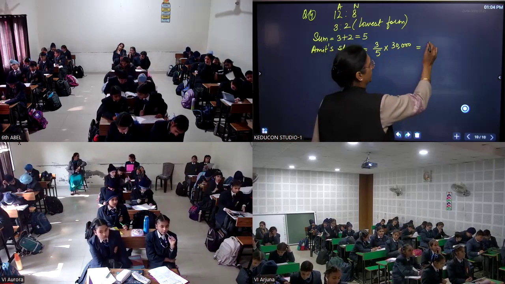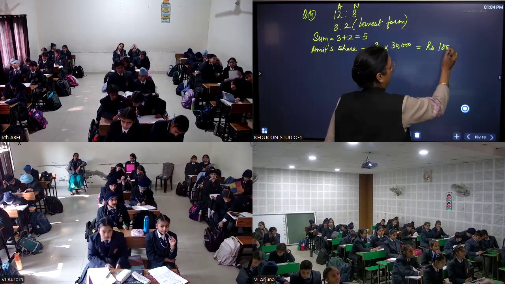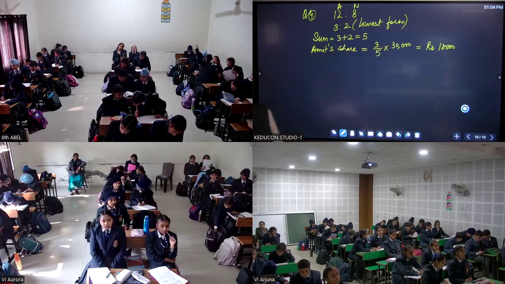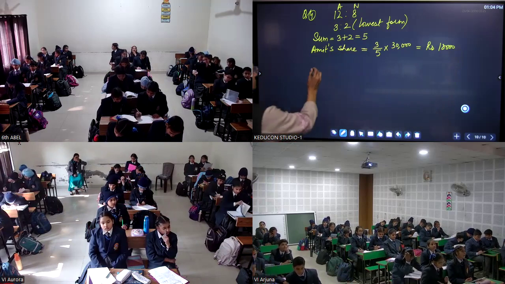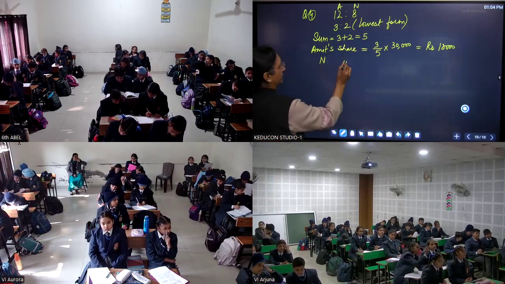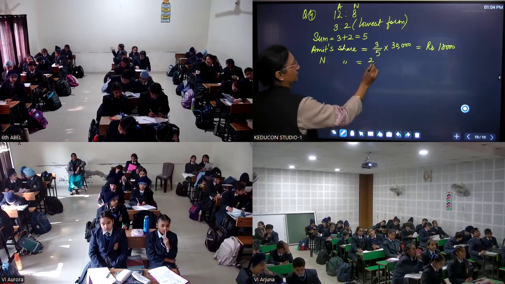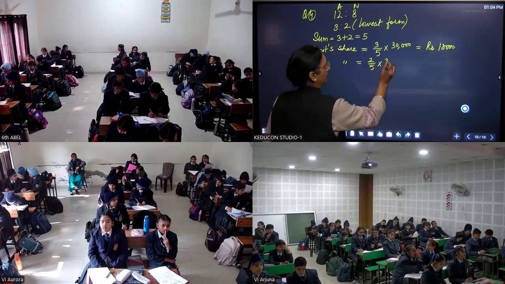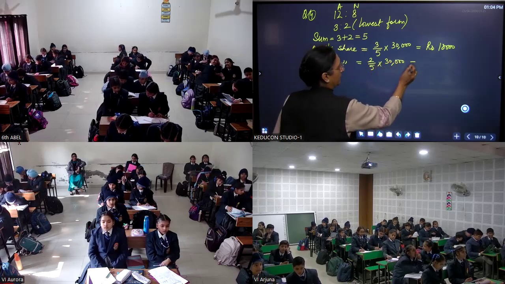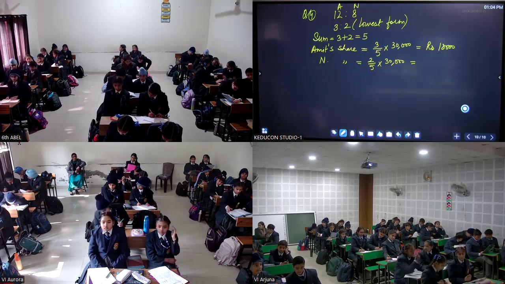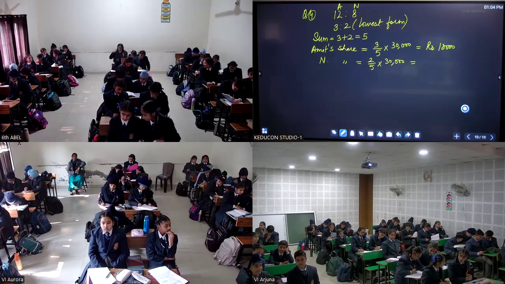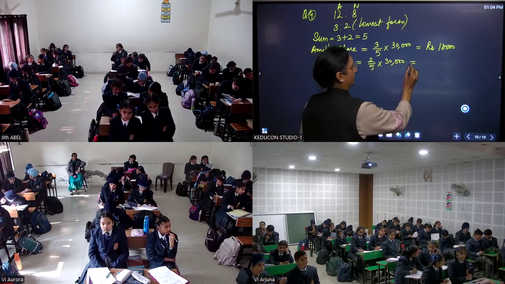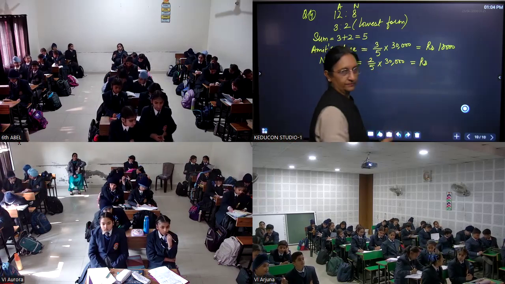Your answer is matching, no doubt. Same way we have to find Nitin's share also. Such a question you have done in your NCERT also. That is 2 by total into 30,000. You do it in lowest form. What is it coming?